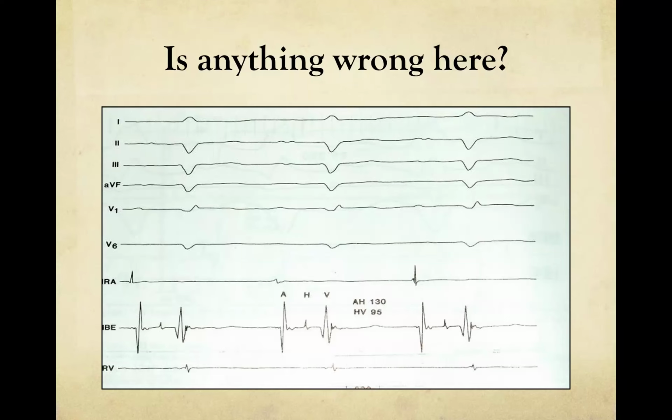What structure is it utilizing to go from the atrium to the His? I think it reflects the atrioventricular conduction time. The AV node, right. That's right. So the AH, remember, we believe reflects the AV node.